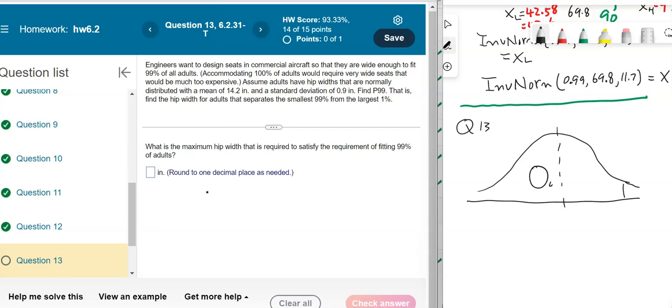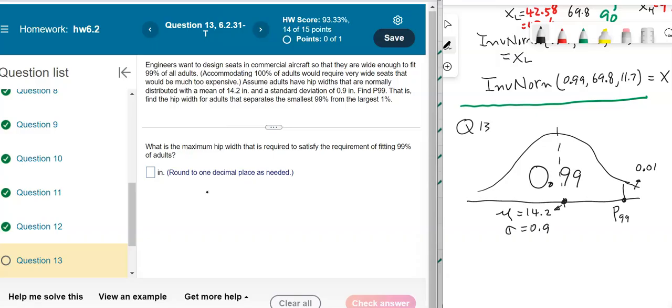So this is 0.99, this is P99, and this area is simply 0.01. Then mu is 14.2, which is this point, and sigma is 0.9.